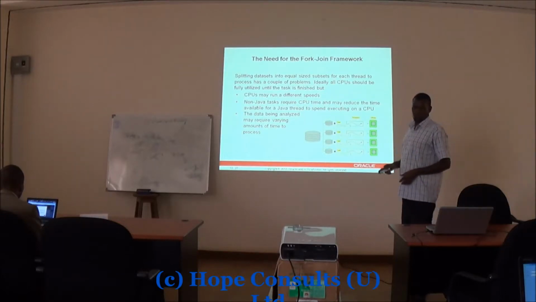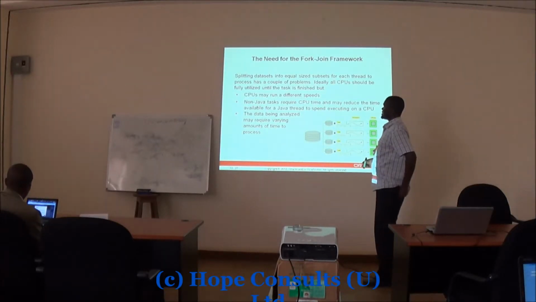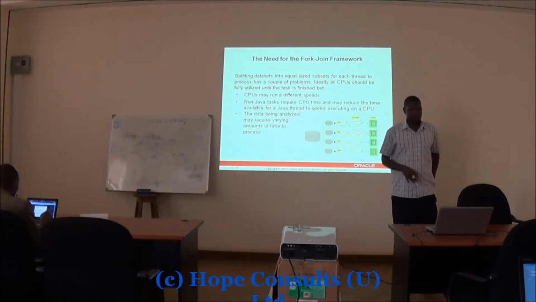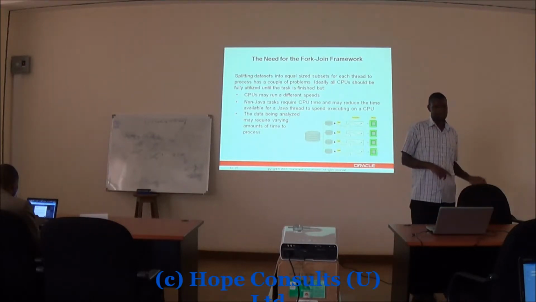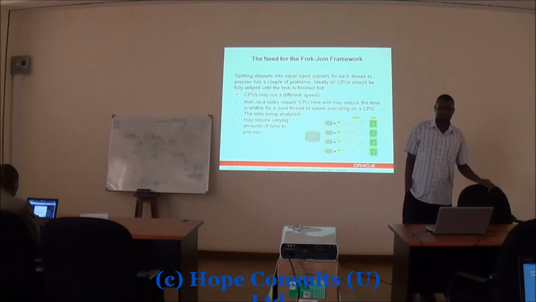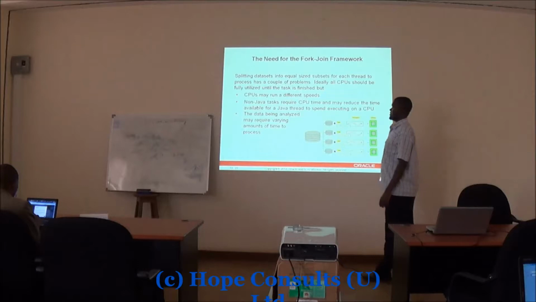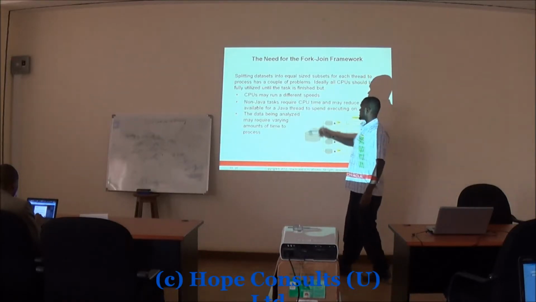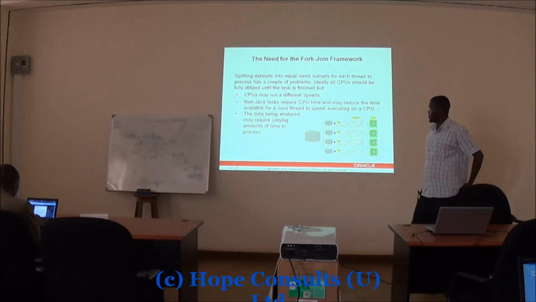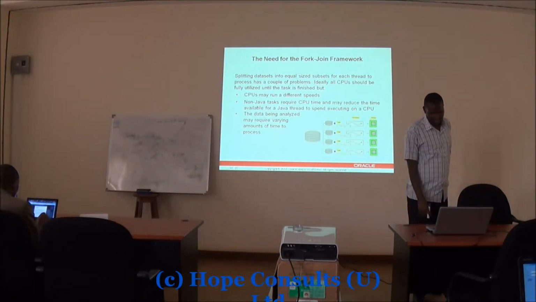This comes in with the fork-join framework, where we split data sets into equal-sized subsets for each thread to process. And there would be a problem because CPUs might have different speeds. Java does require CPU time and may reduce the time available for the thread to be executed.